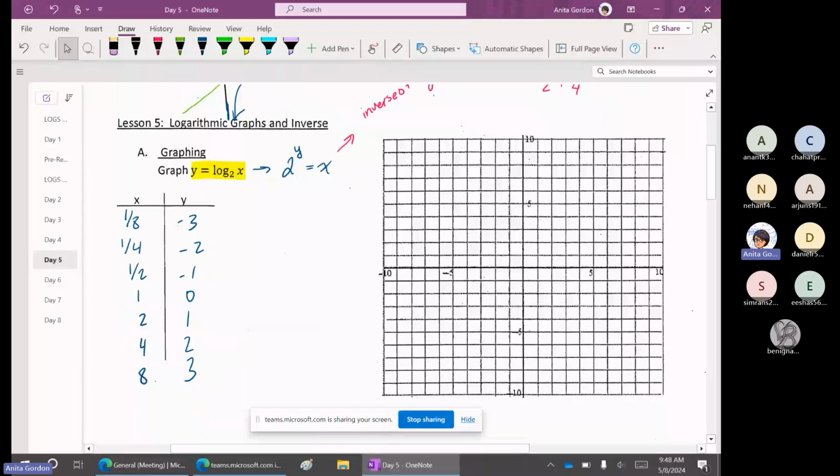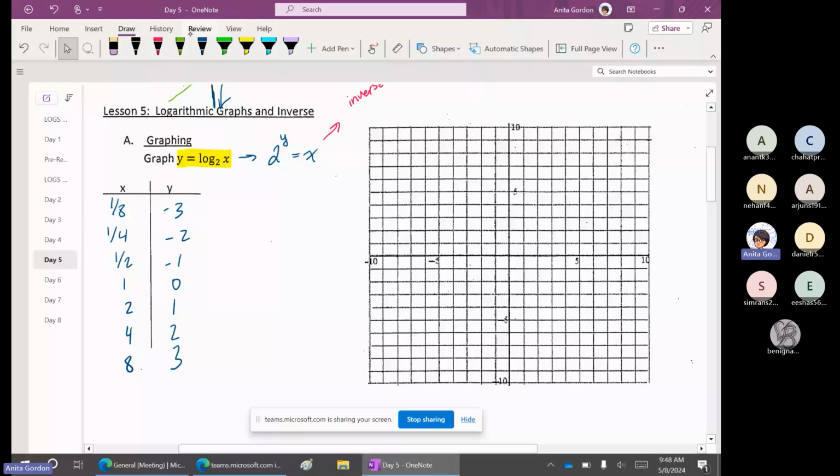So when we're looking at graphing this, here we go. The x value of 1/8 is at y of -3. Then at 1/4, it is -2.